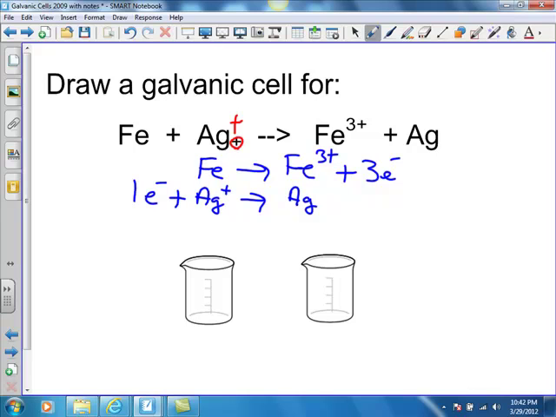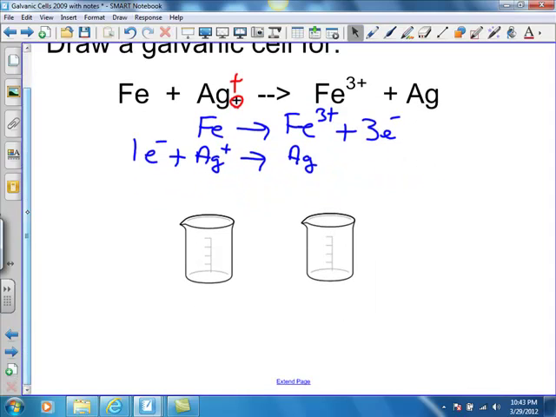Now, in the previous video, we went ahead and balanced this, but I really don't care about balancing at this point, because what I want is to find out which of these half cells is going to be losing the electrons, because that will tell me which one has to gain the electrons. And what that overall tells me is what the direction of flow is going to be.